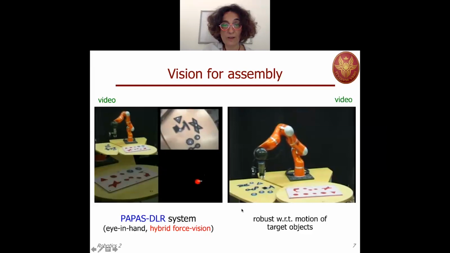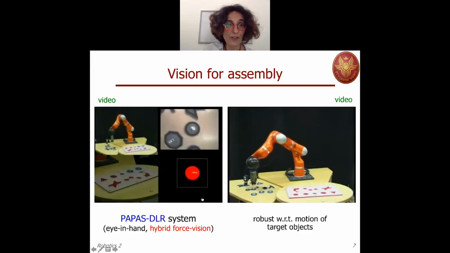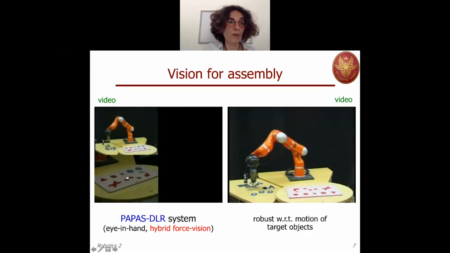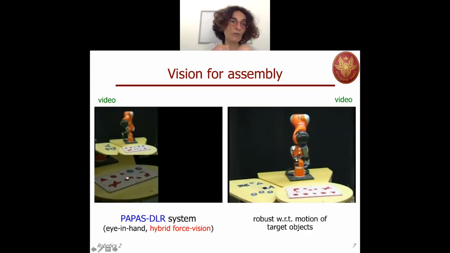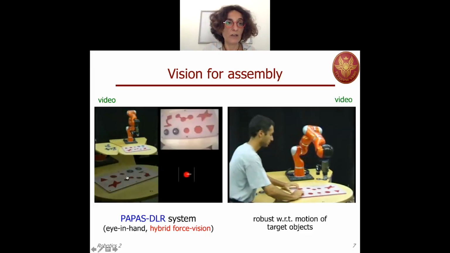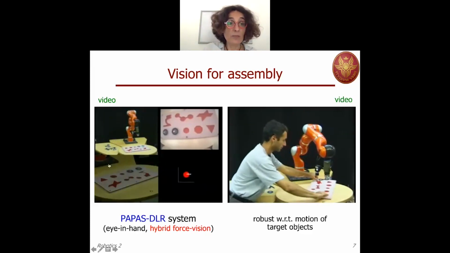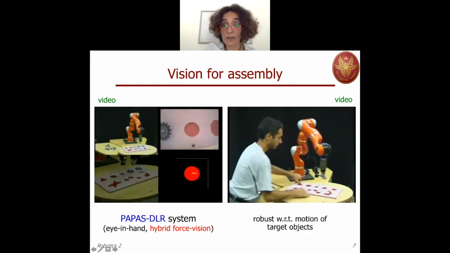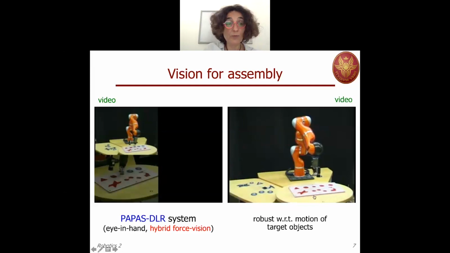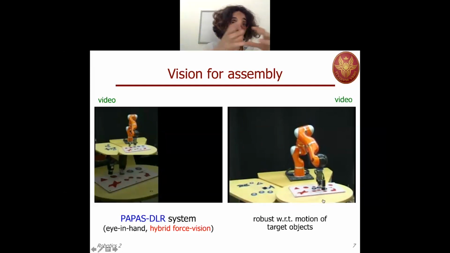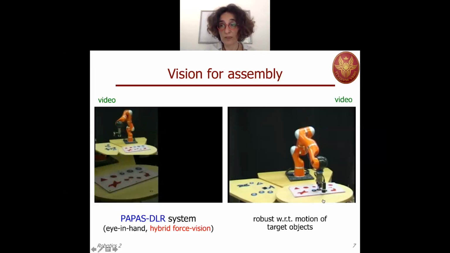This is not an assembly of a part that is moved from one position to another position, of which we know the shapes and possibly also the position on the plane. Here we see how the manipulator is able to track: if the target is moved, the manipulator moves so as to track it and then finally finds the correct position where to place the part.